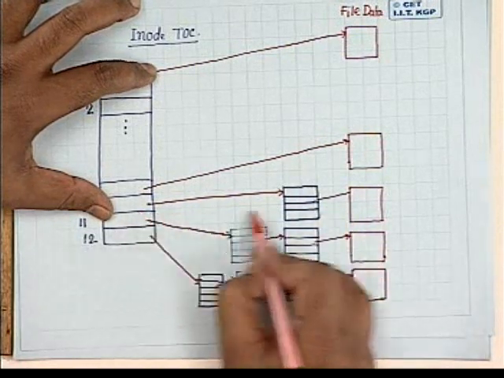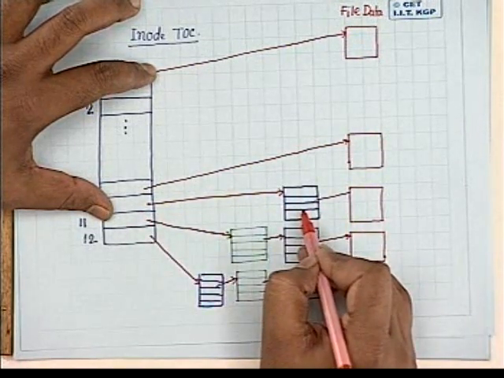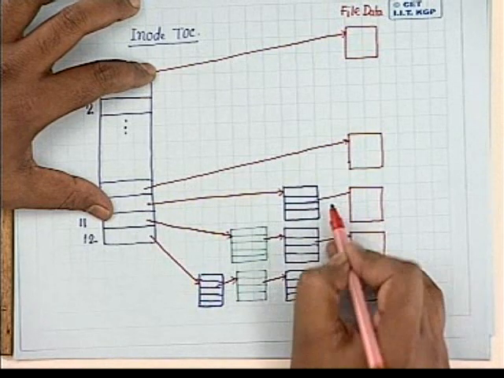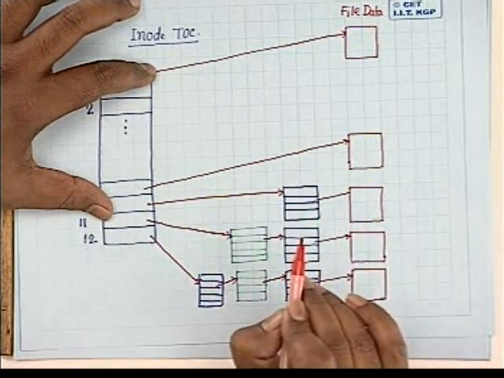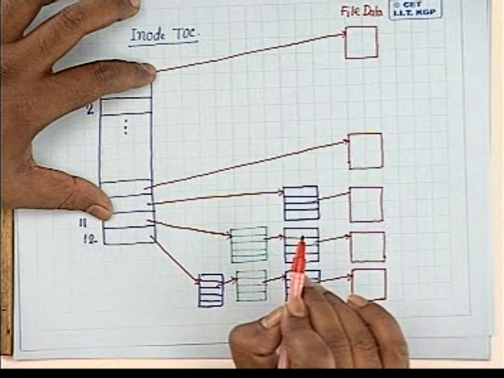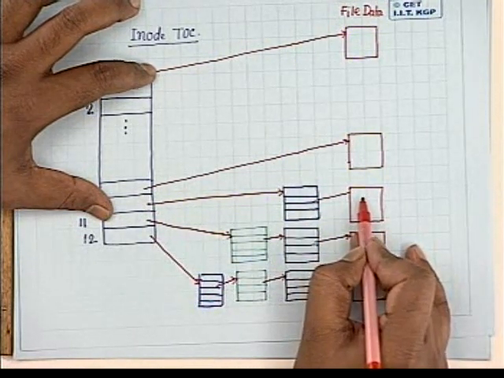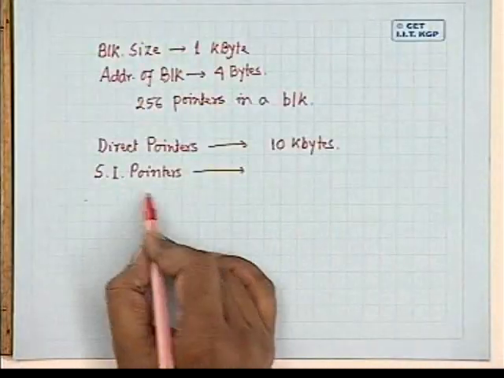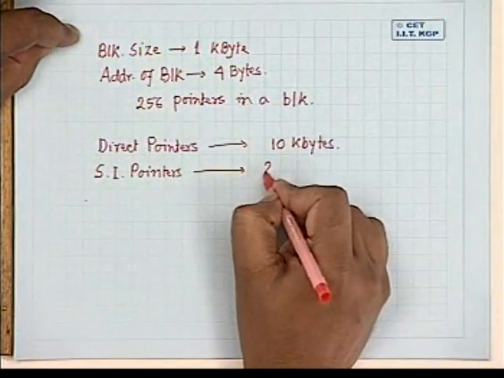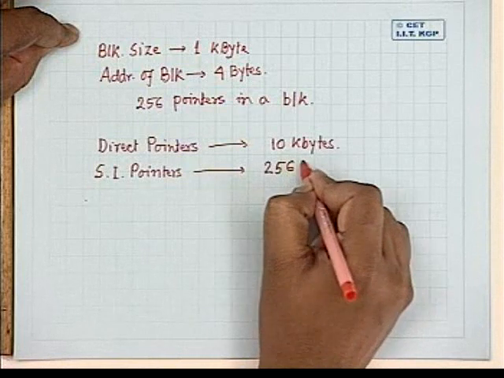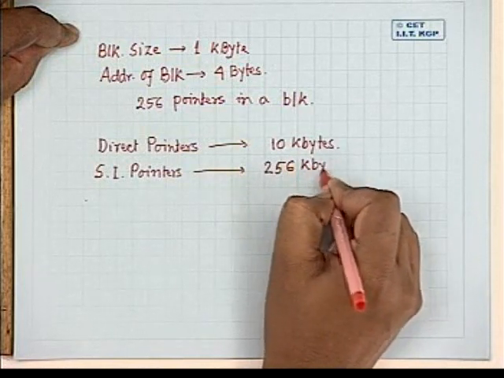So following the single indirect pointers, I can access 256 kilobytes of file data, because through this I can access 256 data blocks.